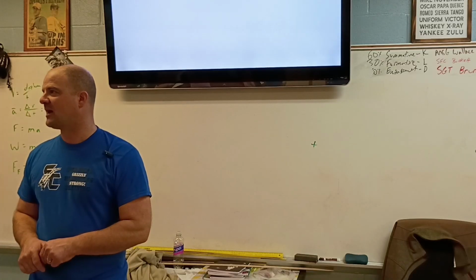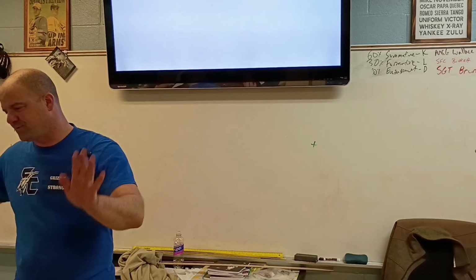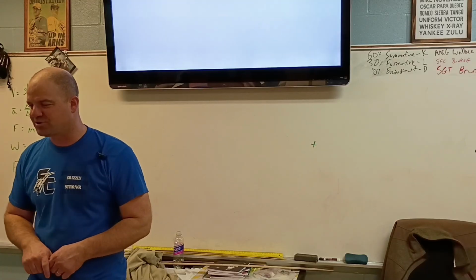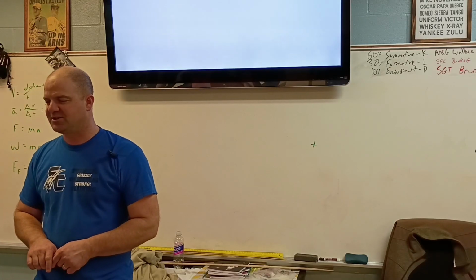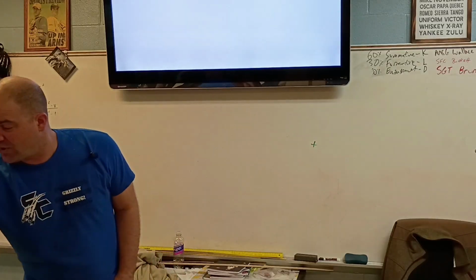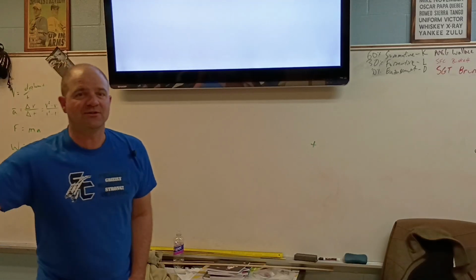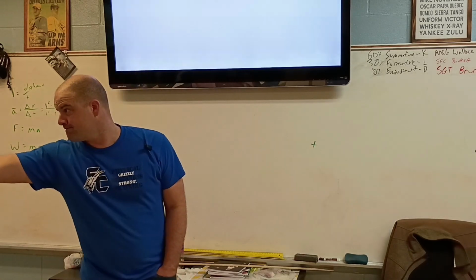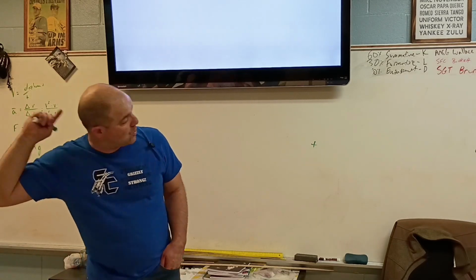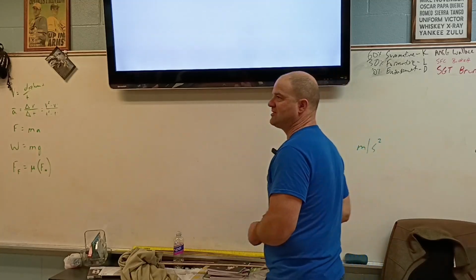I'll just finish reading the question. In 10 seconds while traveling in a straight line, what's the car's average acceleration? If we're looking for acceleration and we have meters and seconds, what is our unit going to be in? Squared. Meters per second squared, because it's acceleration.